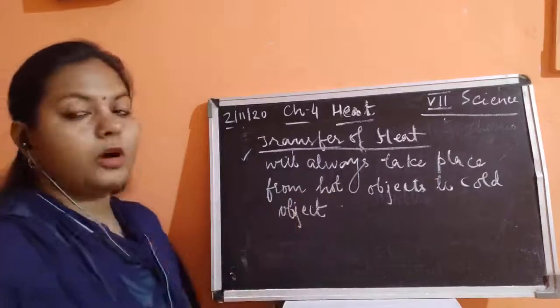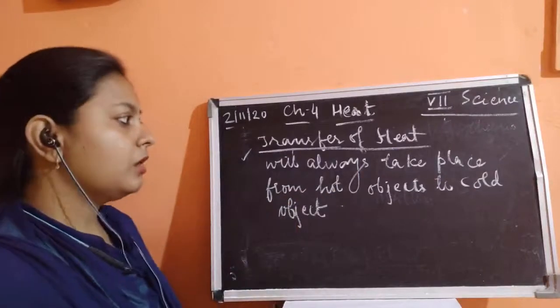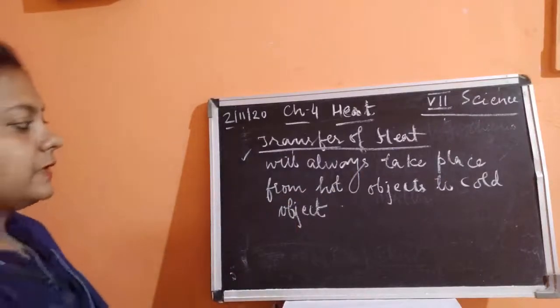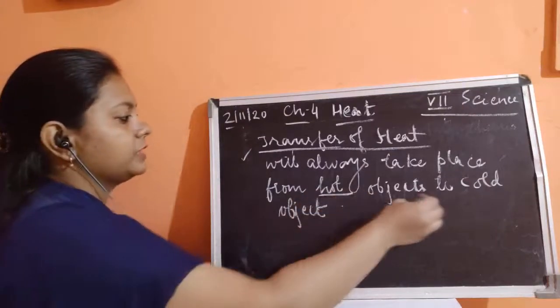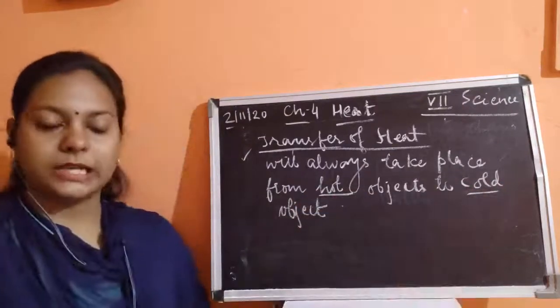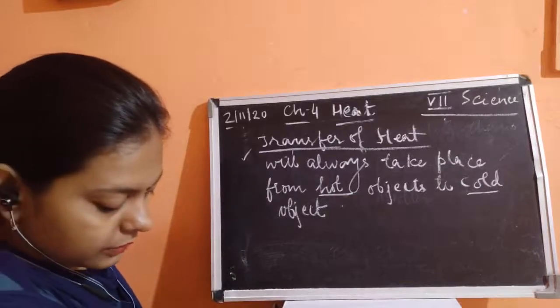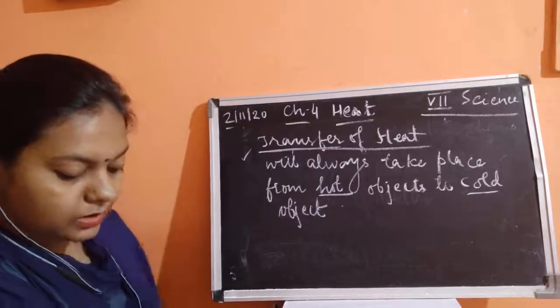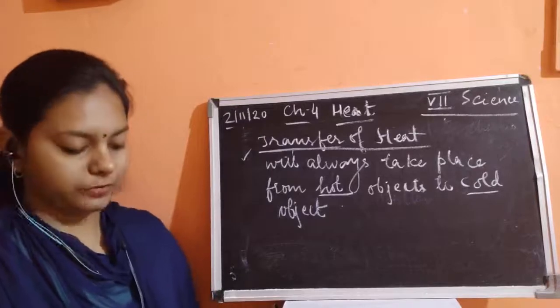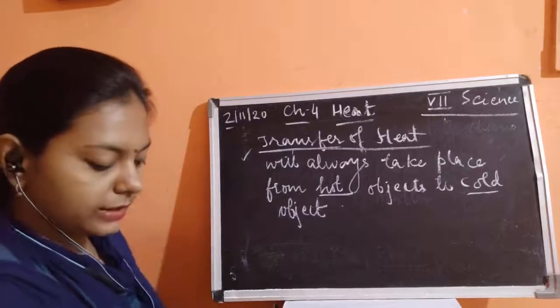From hot object to cold object. कहीं से भी heat transfer होगा, it is always taking place from hot object to the cold object. The heat is always flowing from hot object to the cold object in all the cases.